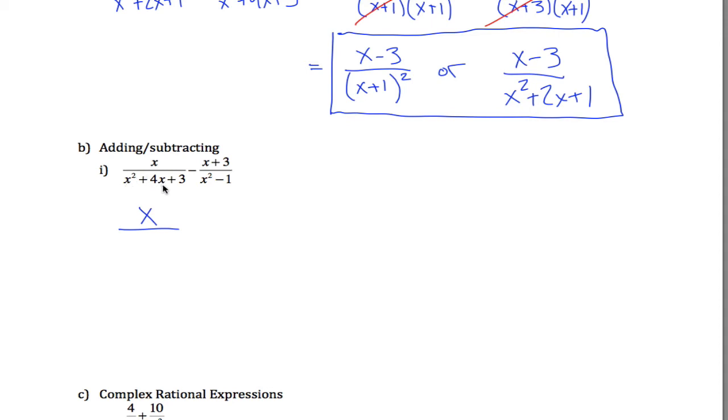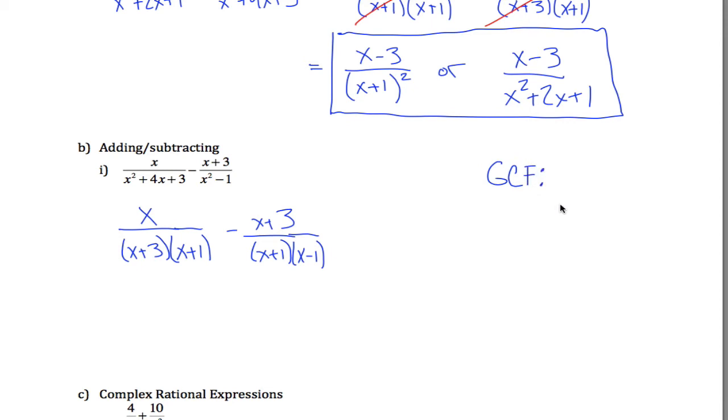However, if you factor x squared plus 4x plus 3 into x plus 3 and x plus 1, and you factor x squared minus 1 into x plus 1 times x minus 1, you can figure out that the least common multiple is x plus 3 times x plus 1 times x minus 1.